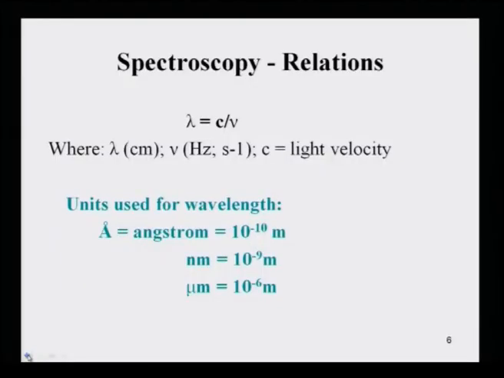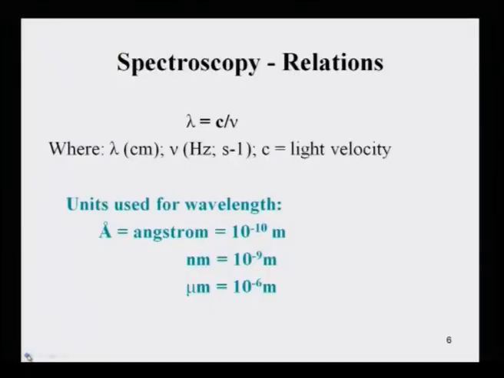Now, when we look at spectroscopy and the relationship between them, the wavelength is directly proportional to the frequency, and when we try to find out the sign of proportionality, it is always replaced by a constant, and here c is the velocity of light.